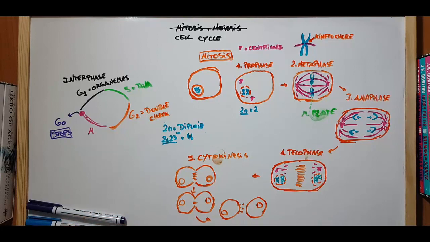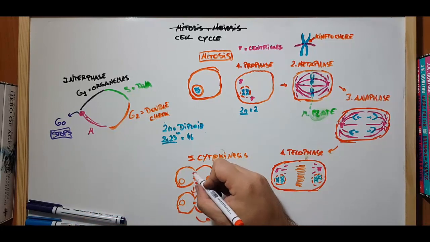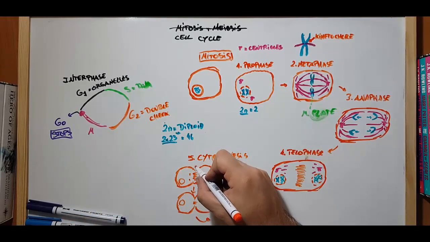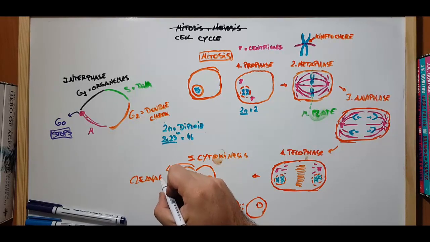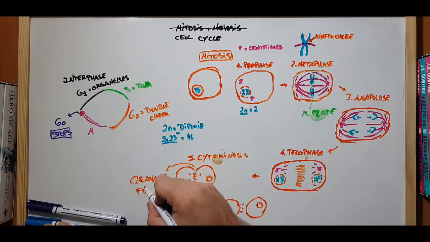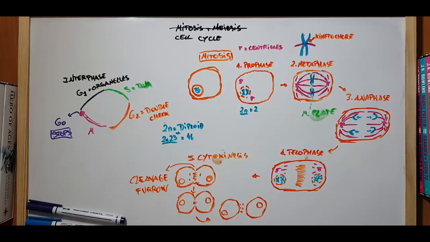This structure here is called the cleavage furrow. So this is mitosis.